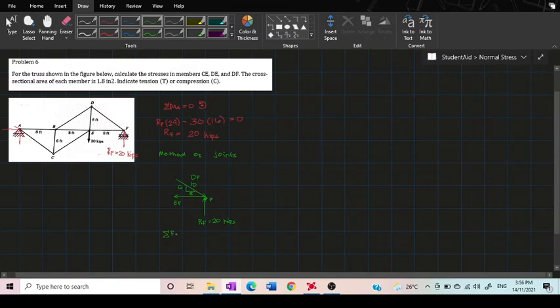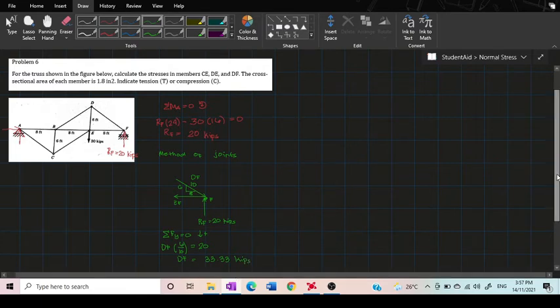Summation of forces in the y direction is equal to 0, assuming that downward force is positive. So we got DF times 6 over 10 is equal to 20. DF is equal to 33.33 kips.